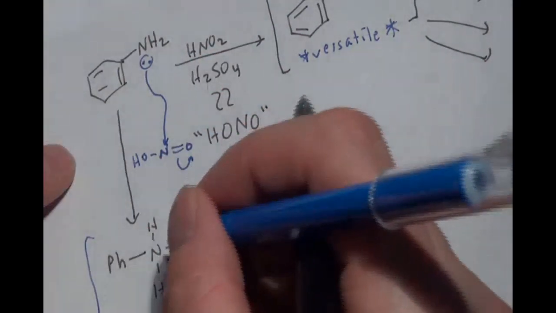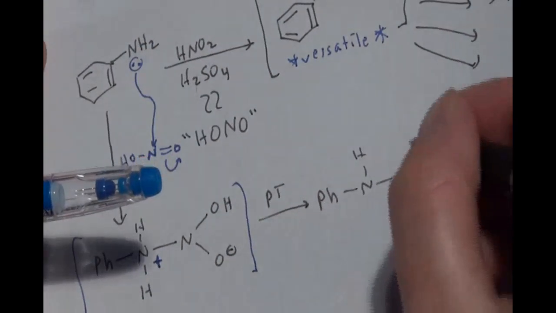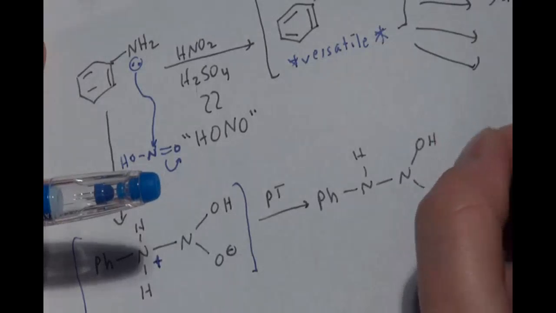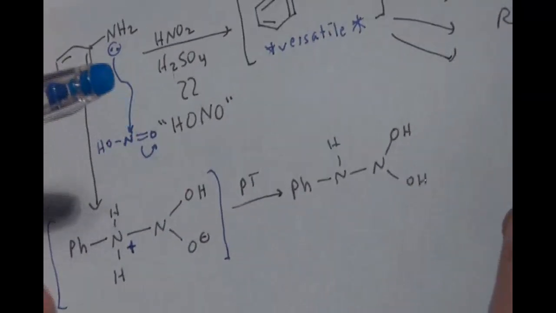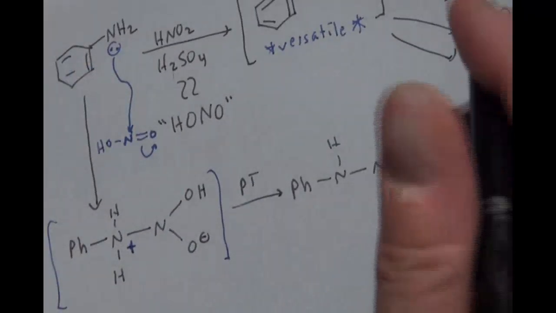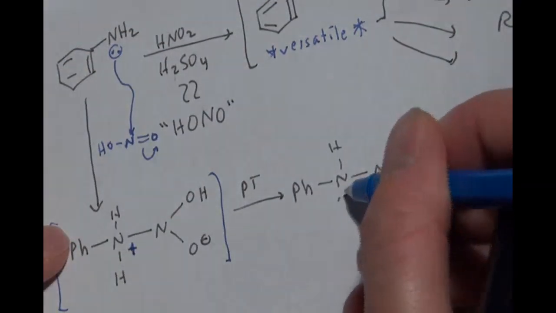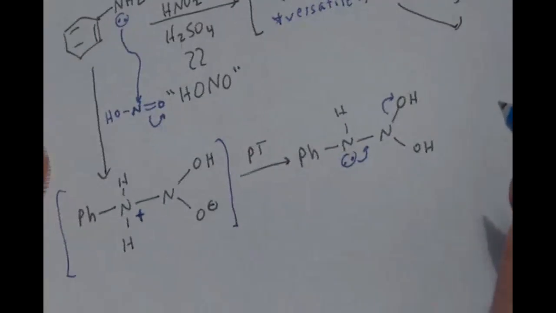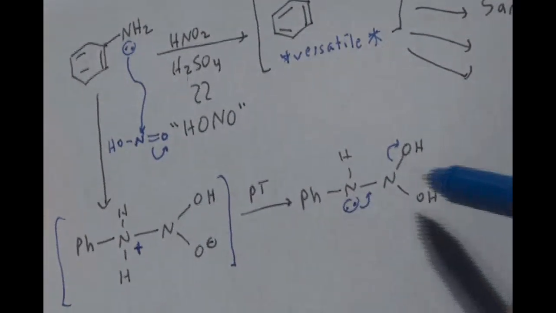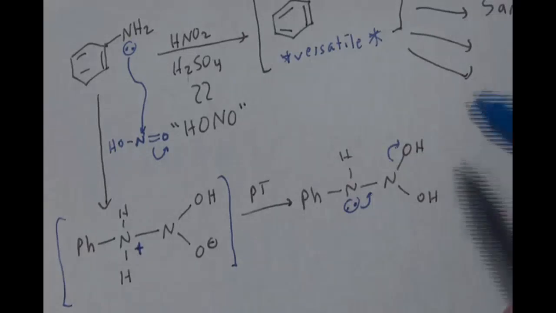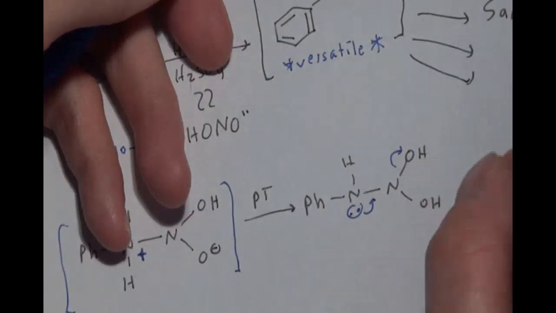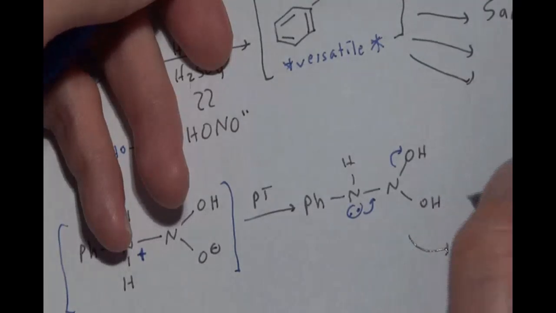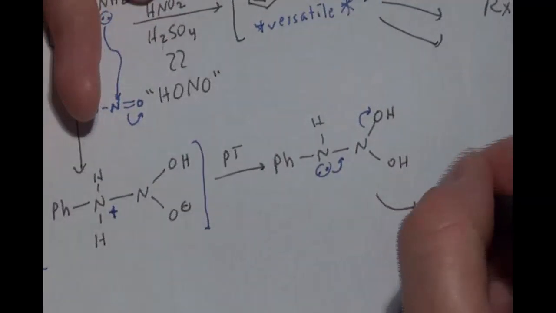Remember, we had a positive charge here. All right, and I am going to kick off one of the OHs. This is probably assisted by the other acid that we have present, sulfuric acid, so this could be protonated. For this simple mechanism, I'm going to skip that. What does that give us? Maybe I'll go down, kicks off one.